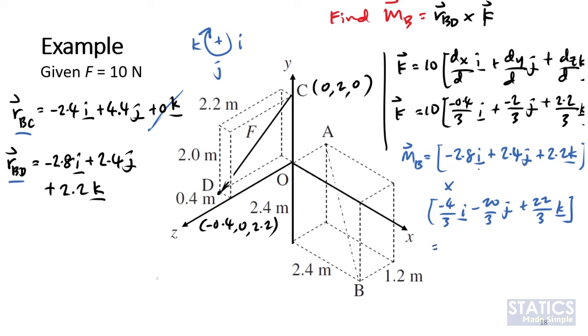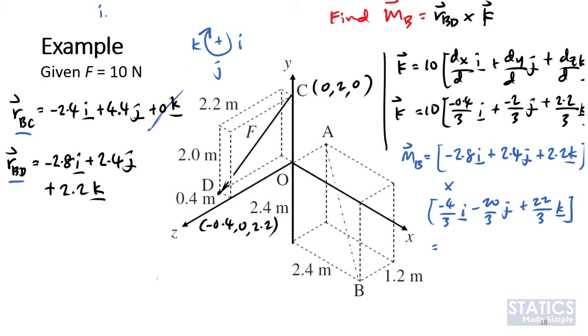Let's say I consider 2.8i first. So 2.8i multiplied with negative 4 over 3i. Okay, I forgot to mention one thing about cross product. You can have values when you cross i with j, j with k, or basically i with other than i.